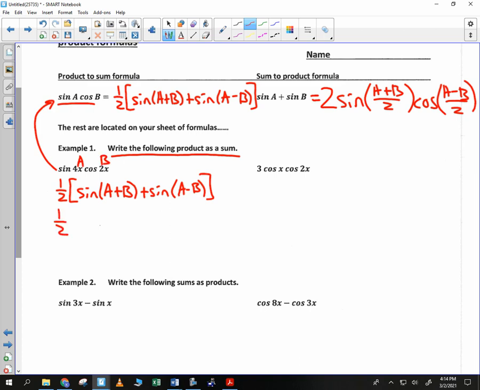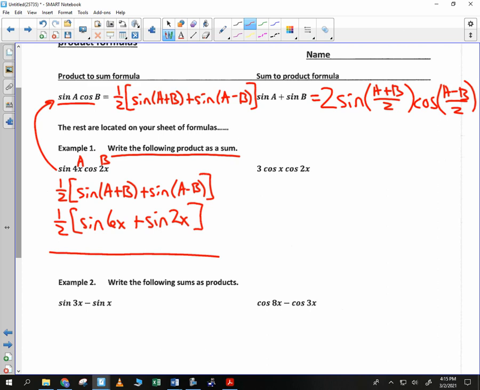So it's 1/2 times the sine of, if we add those together, we get 6x, plus the sine of, if we subtract them, we get 2x. And that's done. That's it. I said it was supposed to be a little bit easier, and so there you have it.